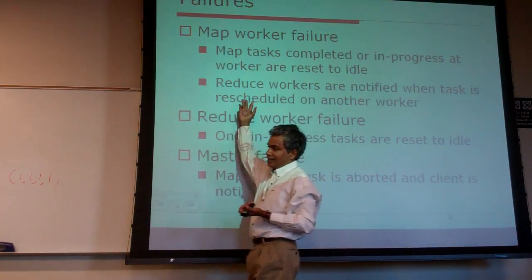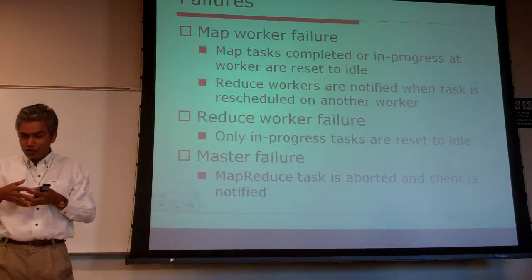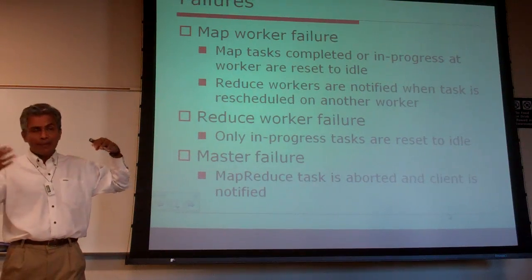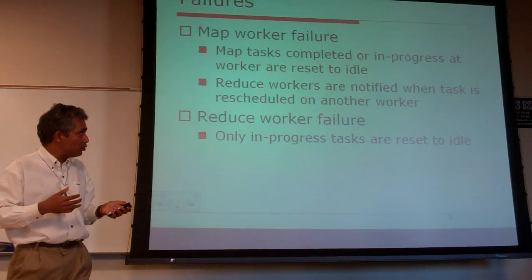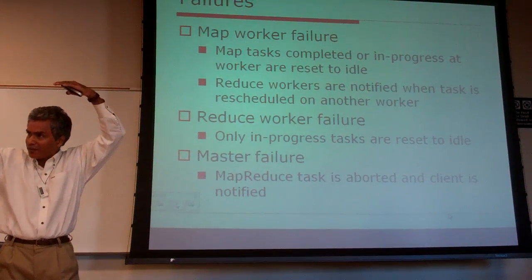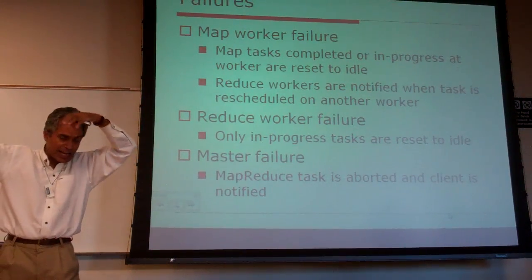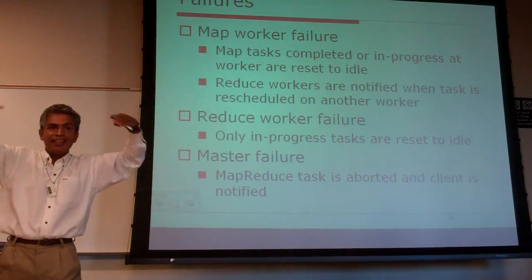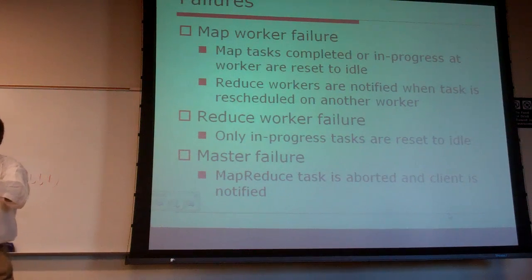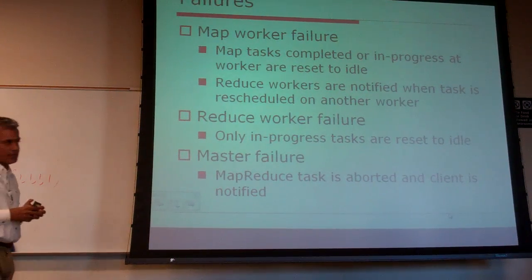Actually, it's possible that in some cases, and I'm guessing as much as you are, the master might already have told the reducer, at the same time it is picking the map, where the map worker's output will be, so you can start working on the input in an asynchronous fashion. If that happens, then you need to be retold. You see what I'm saying?